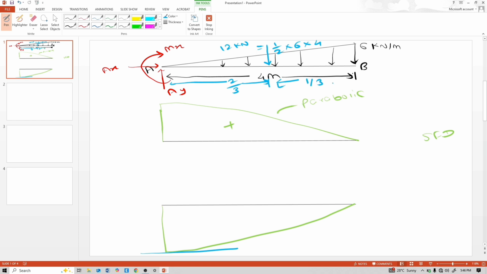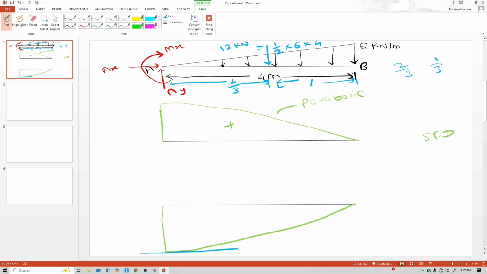From B it is 1 by 3. This is 4 by 3, 1.33. 2 by 3 plus 1 by 3 is 1.